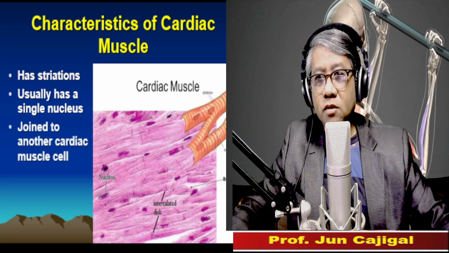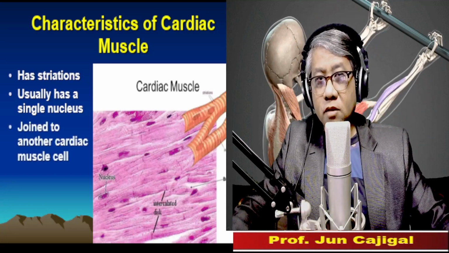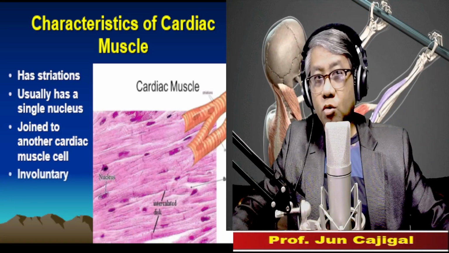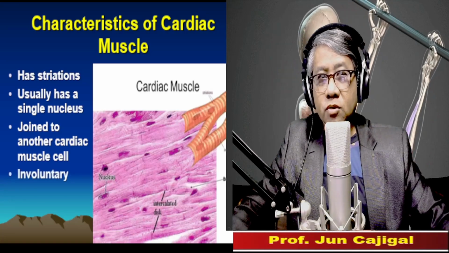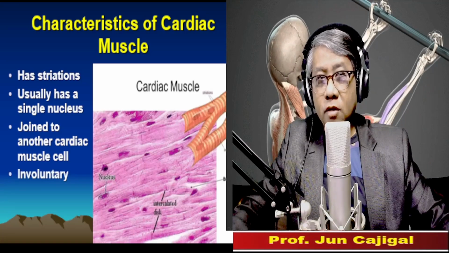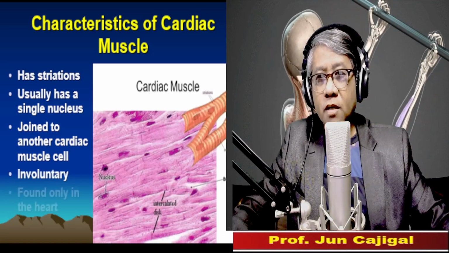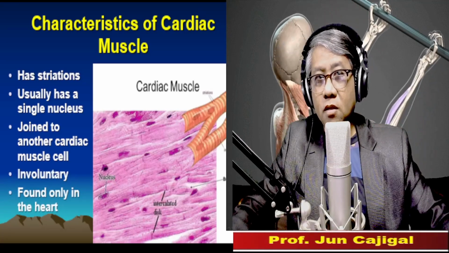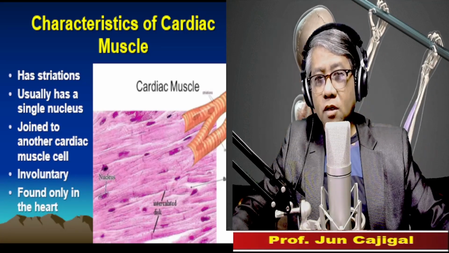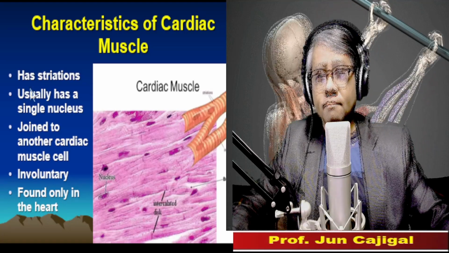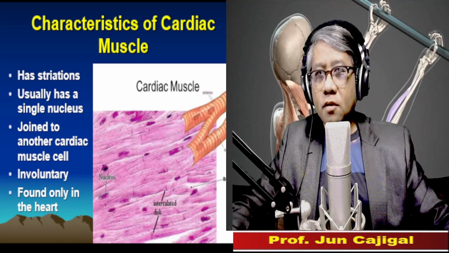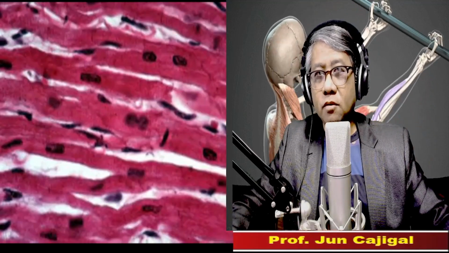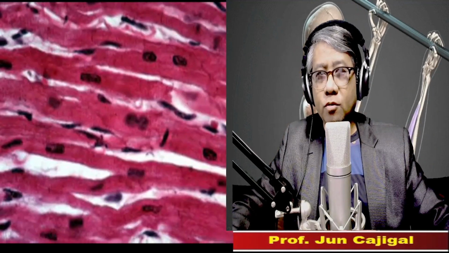And this muscle is joined to other cardiac muscle cells, and it is under the control of the autonomic nervous system. So this type of muscle contracts involuntarily, and it is found only in the muscular wall of the heart. So those are the characteristics of the cardiac muscle or the myocardium.